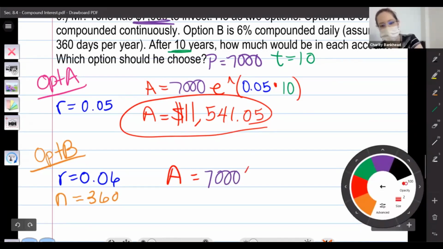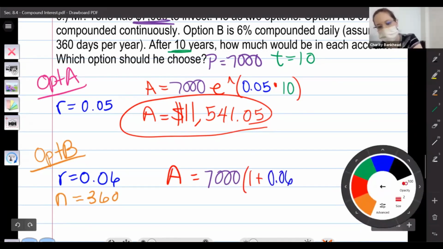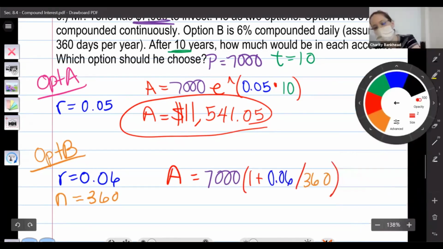So A equals 7,000, open parentheses, 1 plus 0.06 divided by 360, close the parentheses, to the power of, open parentheses, 360 times 10.